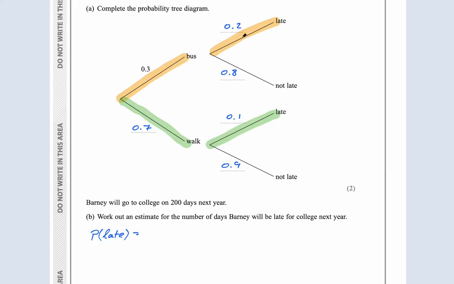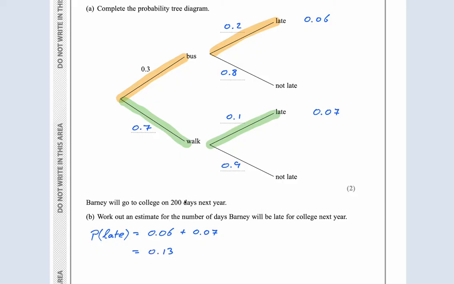So this times this is 0.06, and this times this is 0.07. So it's just 0.06 plus 0.07, which is 0.13.